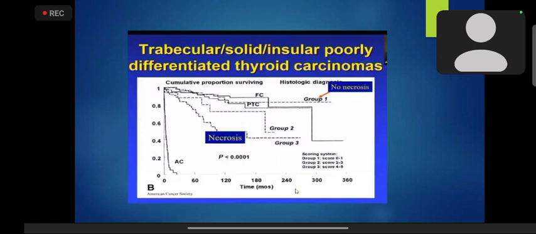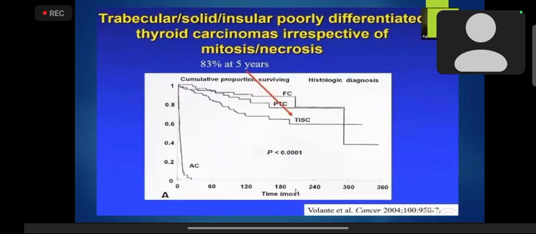This is the American survival flow chart, in which we can see that in follicular cells, if necrosis is present, then survival is poor. There is one scoring system of nuclear score and necrosis score, in which they say if necrosis is present, that group survives less, and that is statistically significant. The trabecular solid insular pattern has poorer survival compared to follicular and PTC.